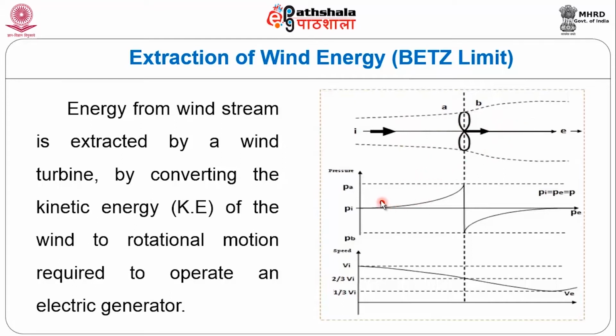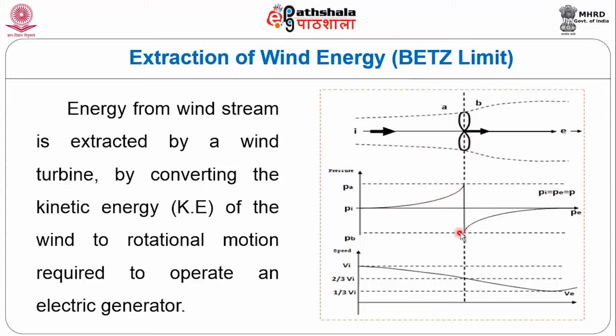And here we look at the pressure profile. This is P suffix A, atmospheric pressure in the air, P suffix I, that is inlet pressure. The pressure of the air increases towards the wind turbine, that is the blades. So, when the air is flowing towards the blade, the pressure kept on increasing, and that is in the upstream.